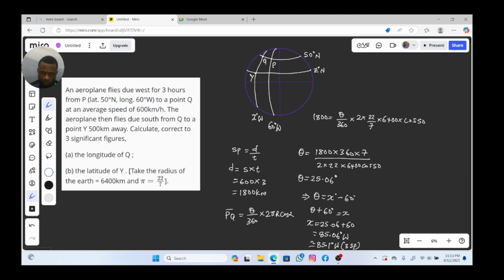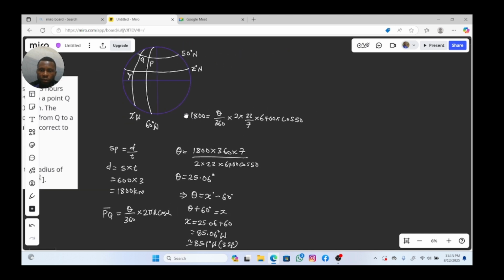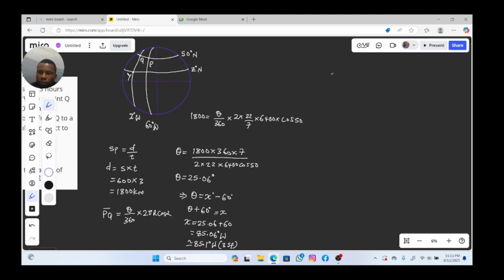So that means we need to use the formula for QY. This is the second question. QY is equal to theta over 360 times 2 pi R, because it is along the meridian.